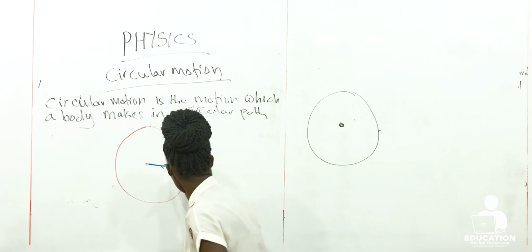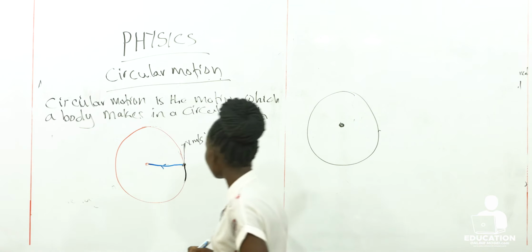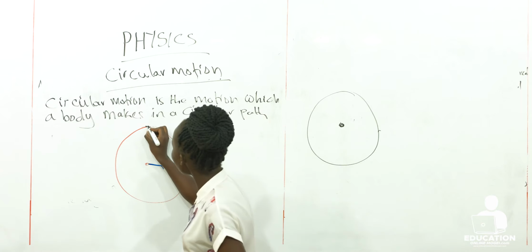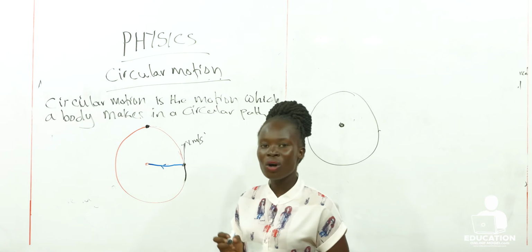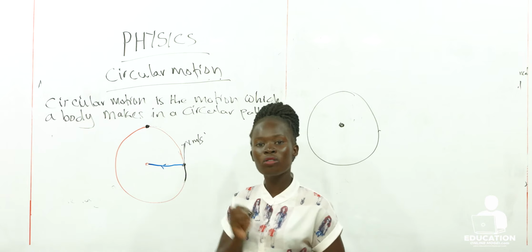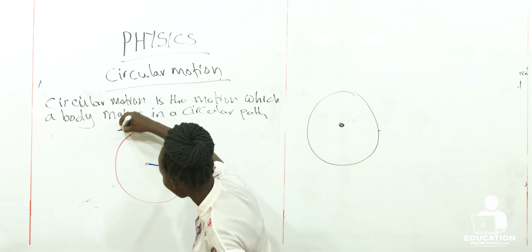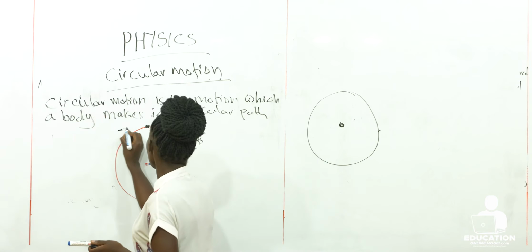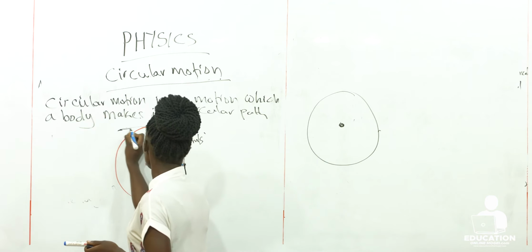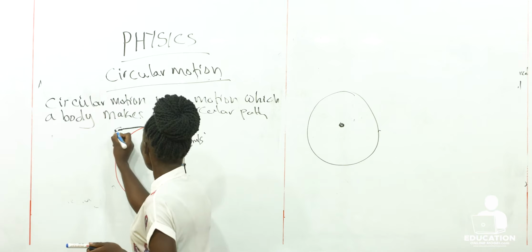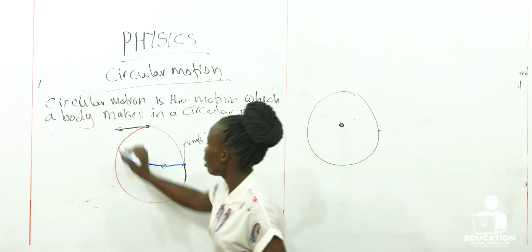So when it reaches here, the direction, and also the velocity at that point, changes. You see, the body is moving in this direction here. So our velocity will be at that point here.